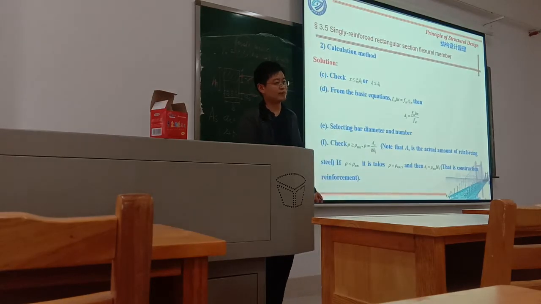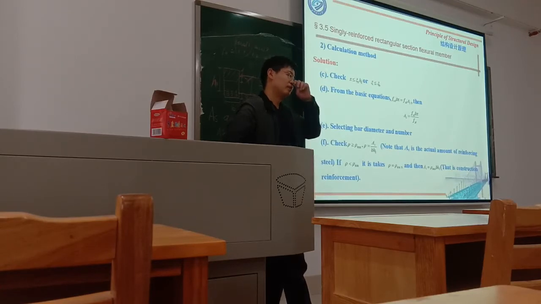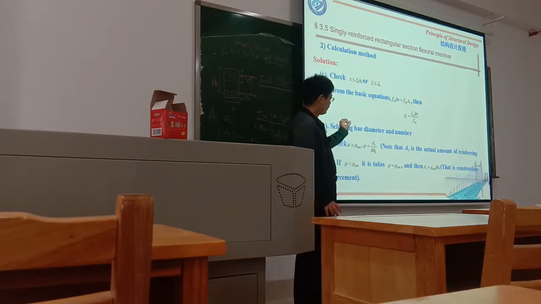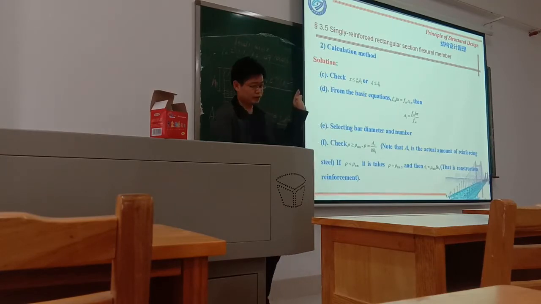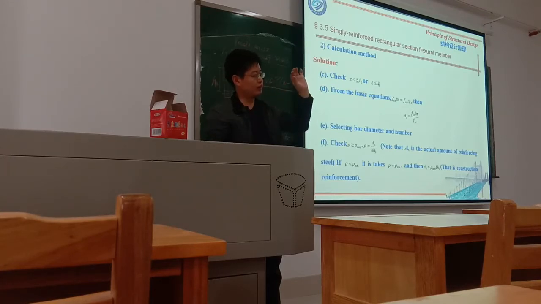So the diameter of the steel we use, how do we select? The selection we do, it's based on what? Based on what? Yeah, the selection of the steel. You see, normally if you can just use one layer, it's better.